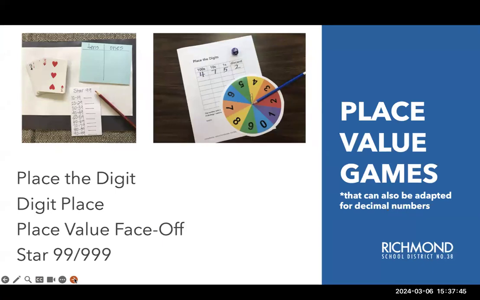So playing games such as place the digit, digit place, place value face off, and star 99 or 999 are all games that focus on the math and the concept of place value, but are in a structured game type of approach to that practice. And so all of those games, I'll show you where you can find. If you don't know those games, there's videos and there's instruction sheets for all those games on the district math blog, the district YouTube channel, as well as on the portal.